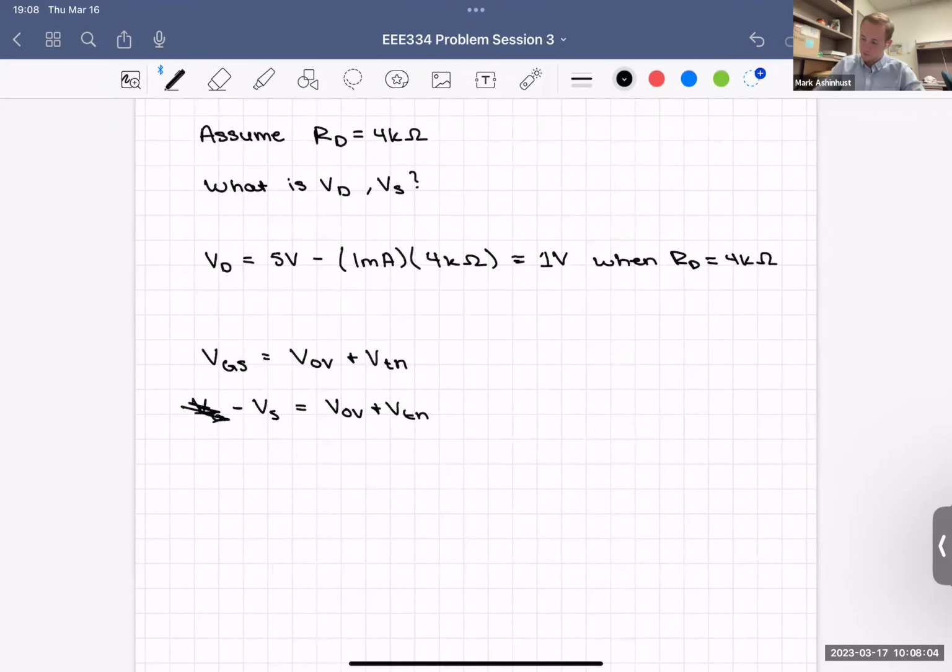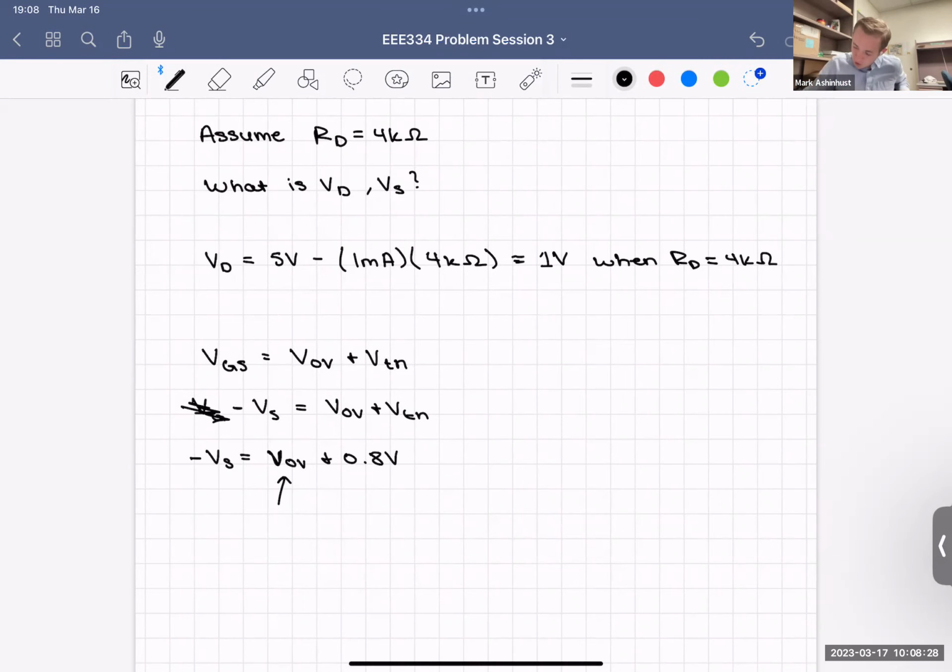VG is 0. So negative VS is equal to VOV plus VTN, which is 0.8 volts. We know we're in saturation. So what do we need here to solve for VS? We need to know what VOV is. Well, we know everything here except for VS.